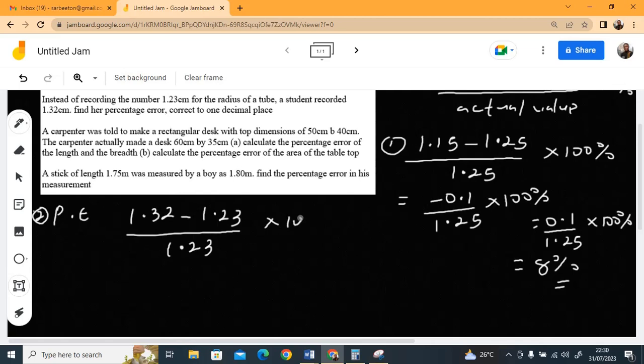So when you do this, 1.32 minus 1.23 is 0.09.